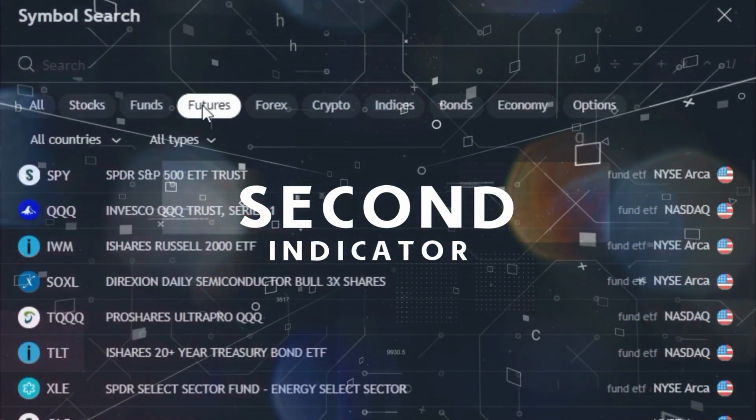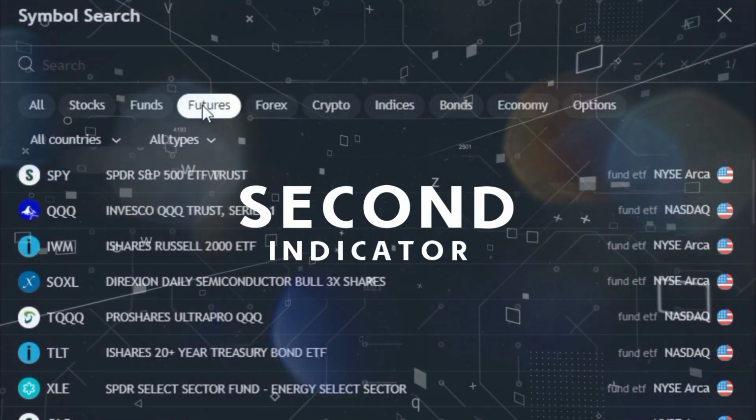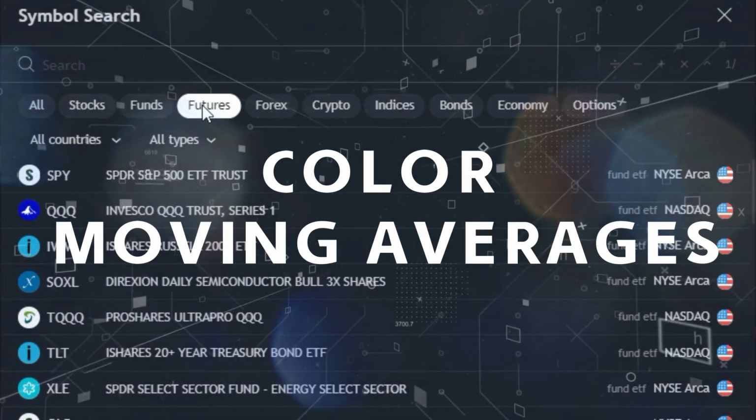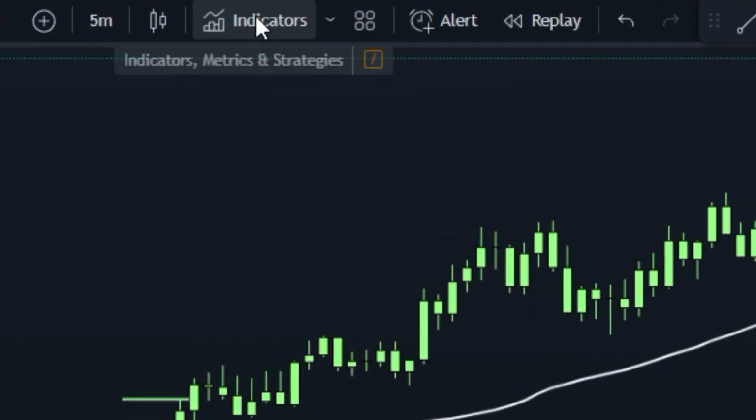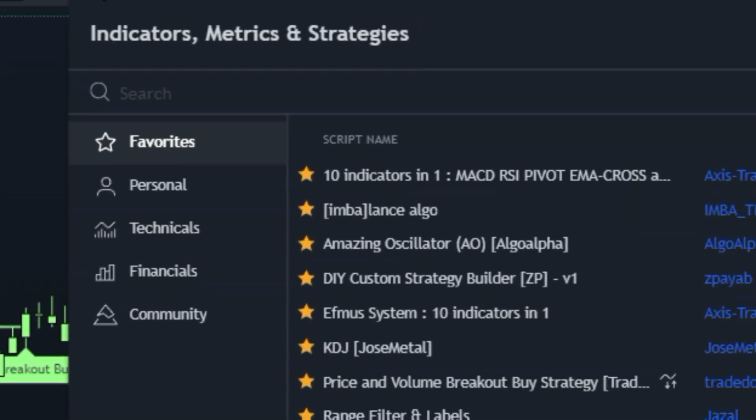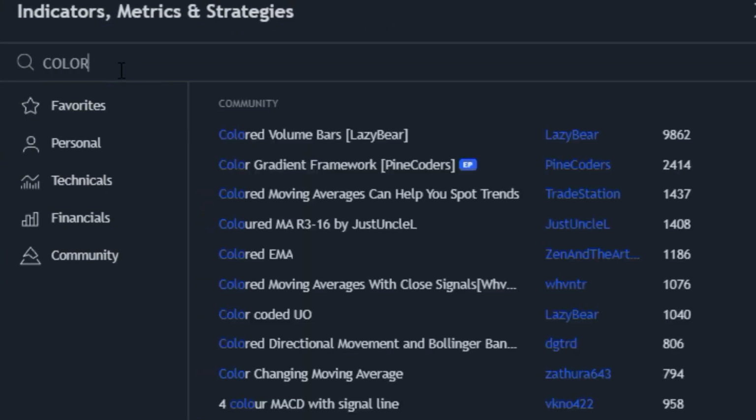It's time to introduce the second star of our strategy, the Color Moving Average indicator. Let's jump back into the indicator section and look for the Colored Moving Average indicator. When you spot it, give it a click to add it to your chart.